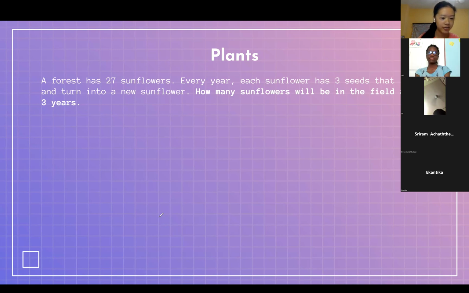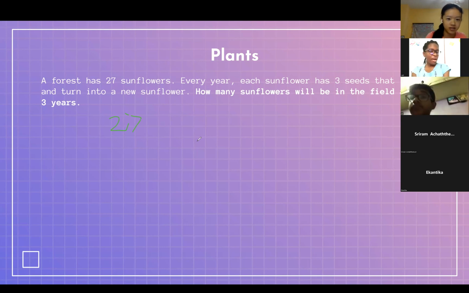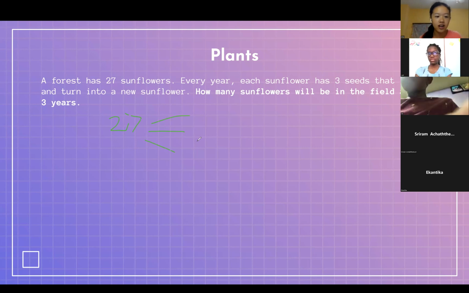Okay, it looks like we have a few answers. So the forest starts with 27 sunflowers, right? Each year, each sunflower has 3 seeds, so I'm just going to represent it with this. The 3 seeds turn into new sunflowers, but you have to include the original sunflower in your calculation.